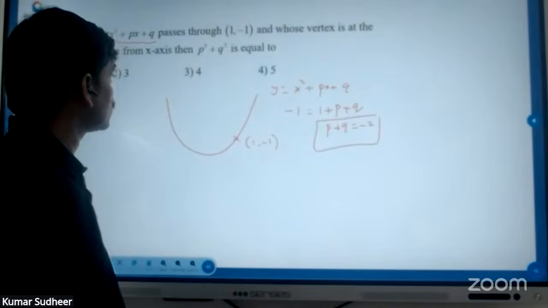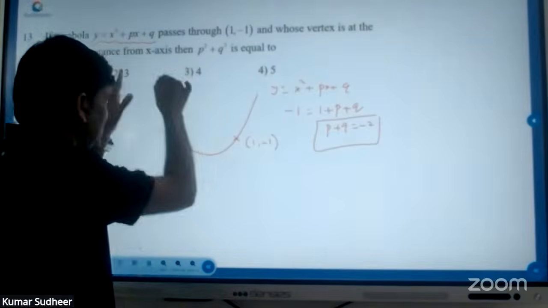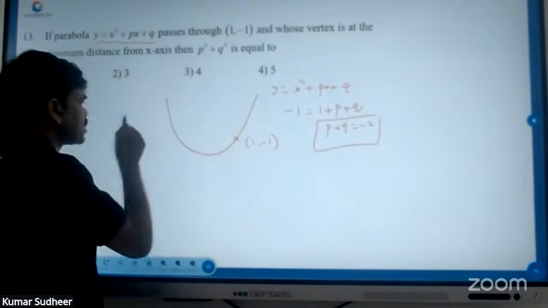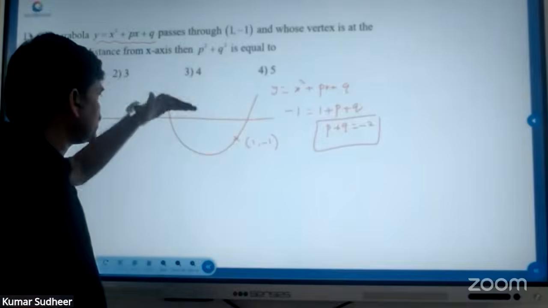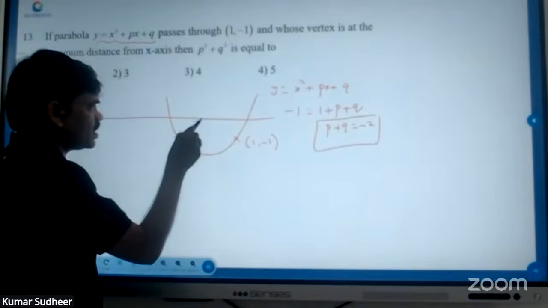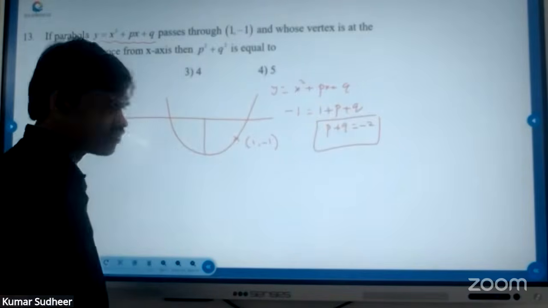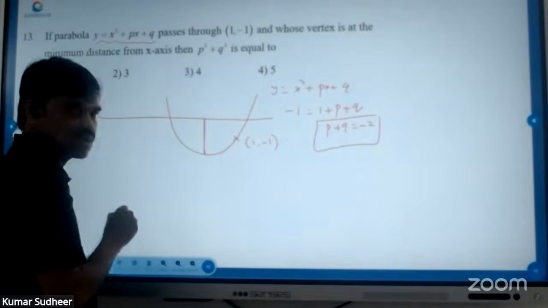And one more thing, whose vertex is at minimum distance from the x-axis. You know that the curve is like this, it passes through 1 comma minus 1. Suppose the x-axis is like this. Minimum distance from the x-axis is always this distance. That means the vertex to the x-axis will be the minimum distance. So basically we have to find out this distance.